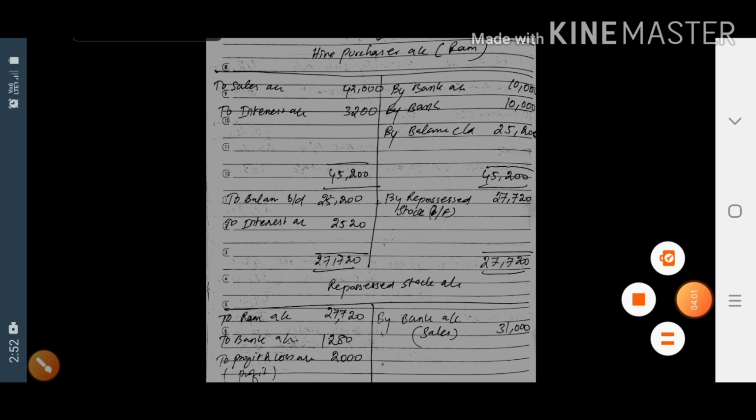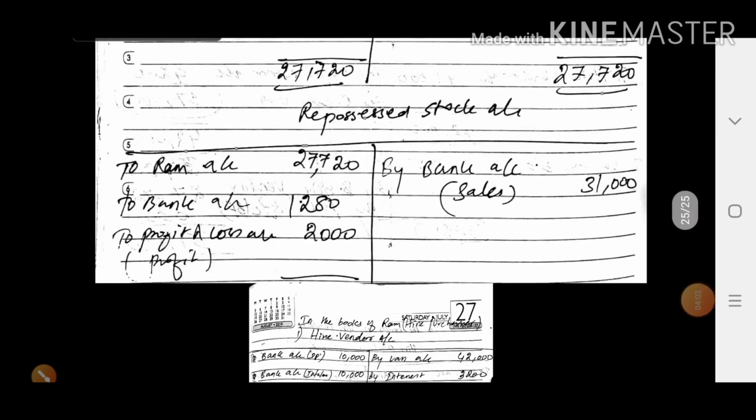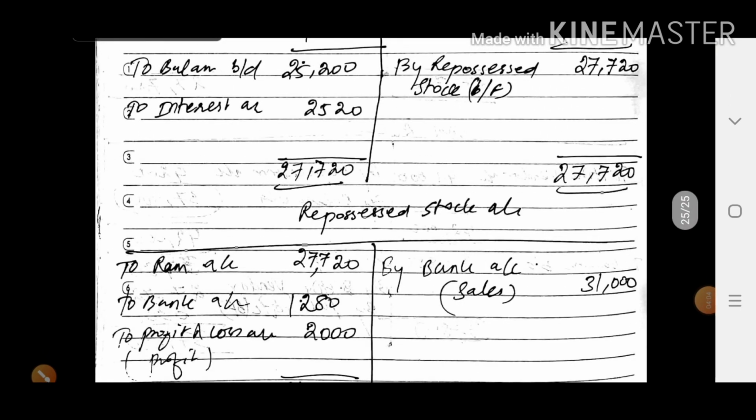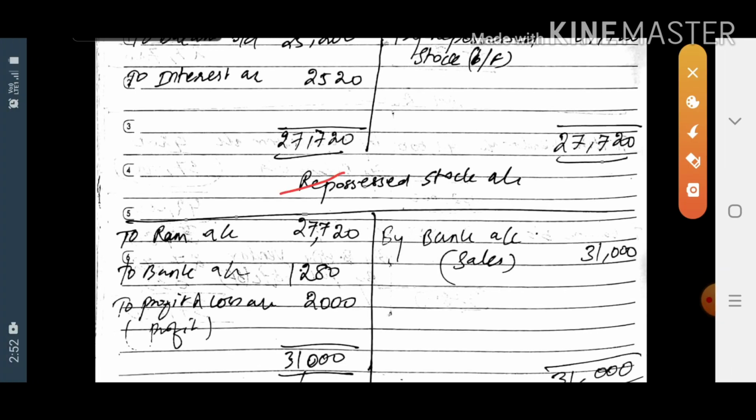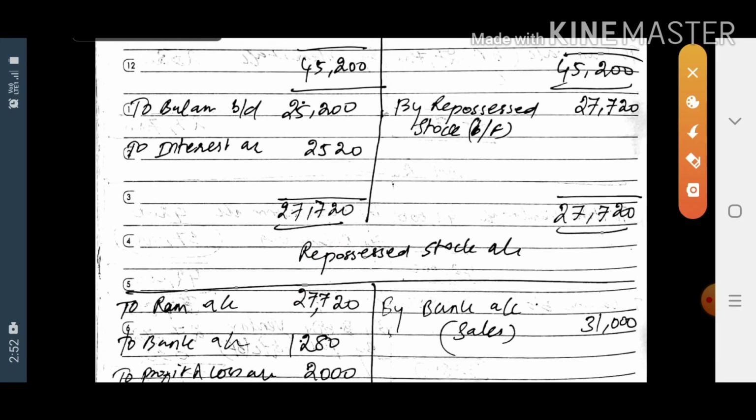Now let us see the last and final account to be prepared, the repossessed stock account. In the repossessed stock account, to hire purchaser 27,720, we are repossessing the stock worth 27,720. Brought down here. And next, we are spending 1,280.